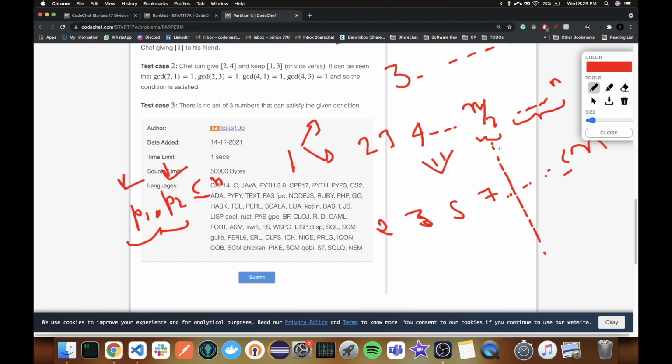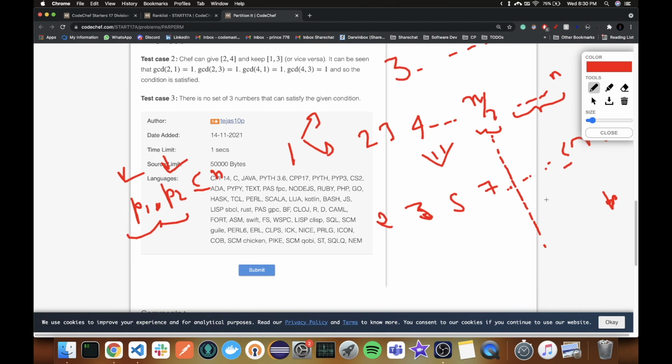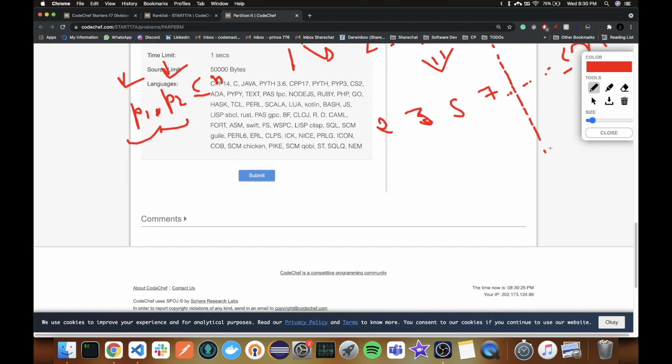If I choose any prime number greater than this, then I can safely remove that prime number, because that prime number never got multiplied by 2. So all the prime numbers greater than n by 2 can be removed to our new set safely.